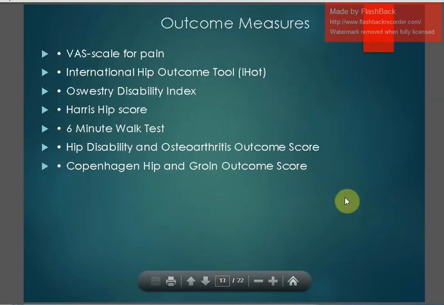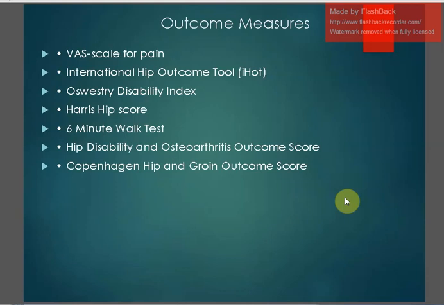Then the outcome measures. A few measures we have are the VAS scale for pain, the International Hip Outcome Tool, and the Osteoarthritis Disability Index, which has many components that assess the disability level or the interference in daily activities. Then the Harris Hip Score and the 6-minute walk test, where the person is allowed to walk for 6 minutes and the time and distance are measured.